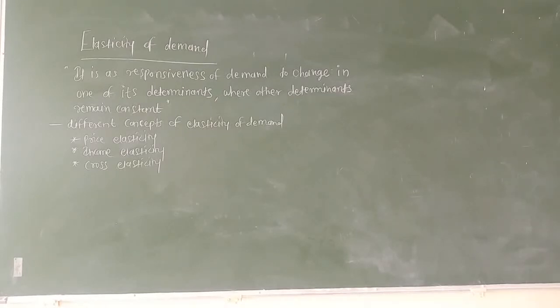And when the price of the commodity increases, then demand contracts, so the demand curve moves upward, and it is called the contraction of demand. We have already discussed all these things with the help of the diagram in the last section.